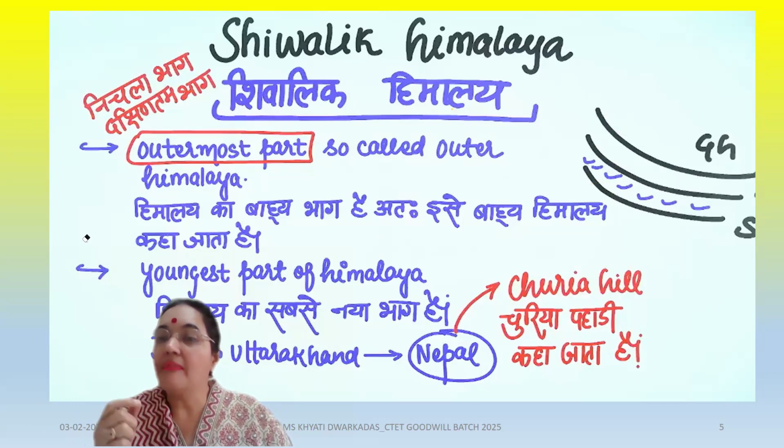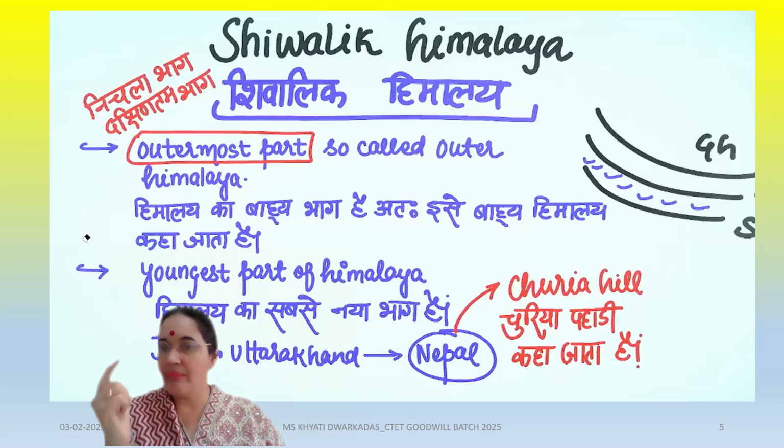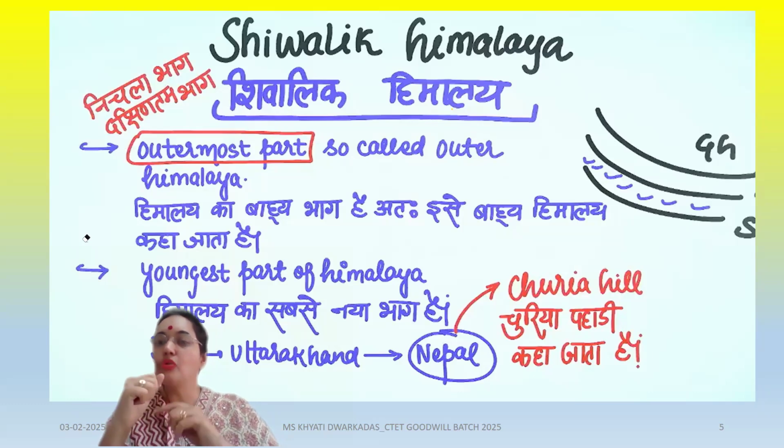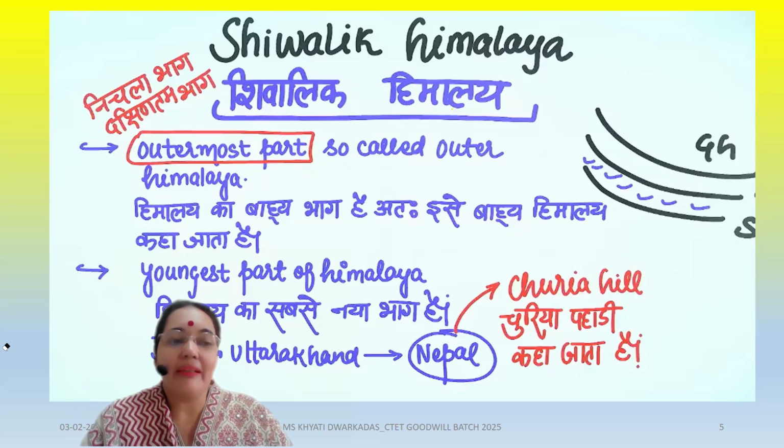In Nepal, they are very famously called the Chudia Hill. Chudi, they have these bangle shapes on the Himalayas, because of the bangle shape in the mountain structure. Therefore, they're called the Chudia Hill in Nepal.